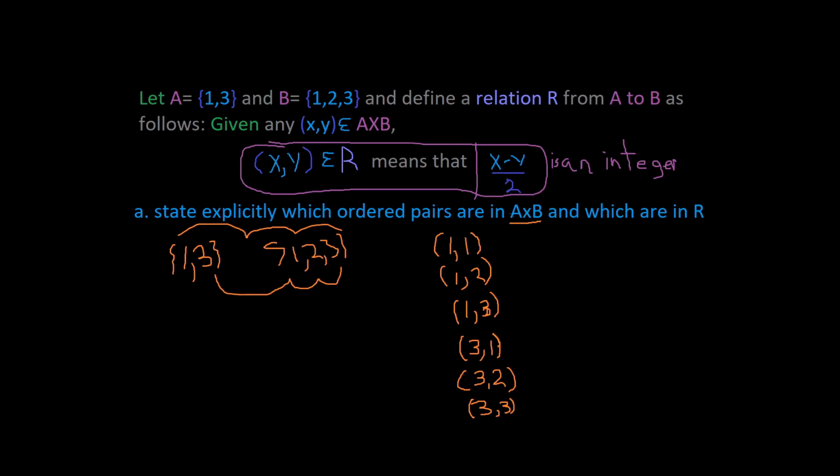What's 1 minus 1? It's 0, right? And so we're going to write it as follows. The ordered pair (1, 1) is an element of R, which equals 0, which is an integer.